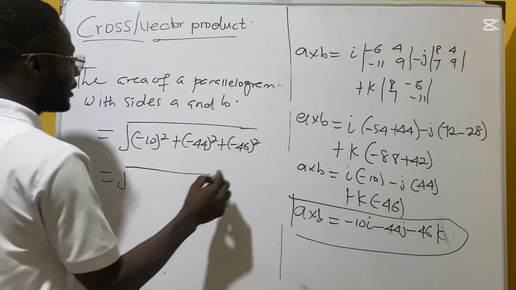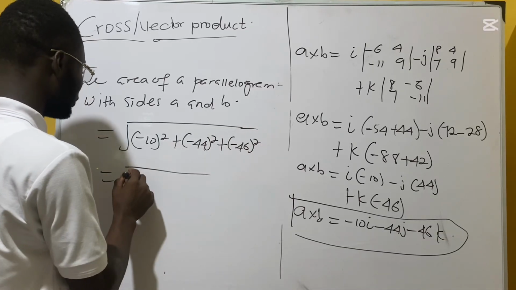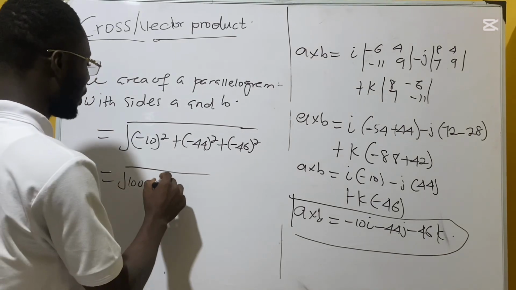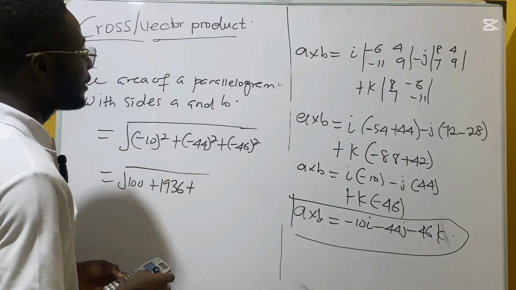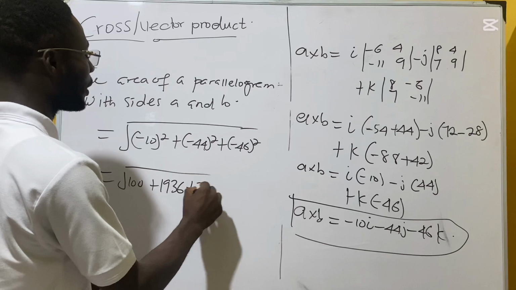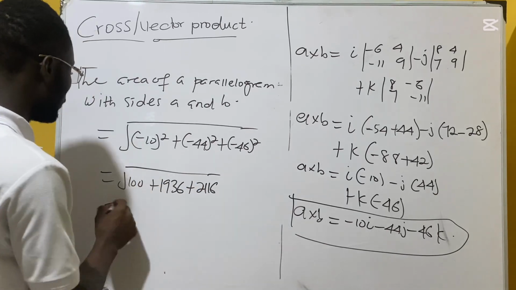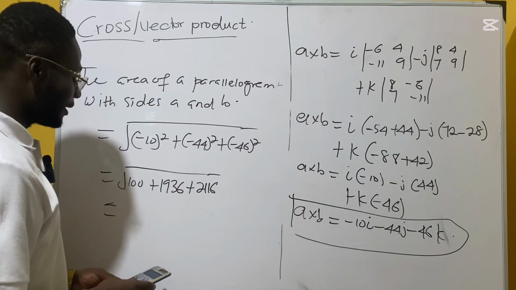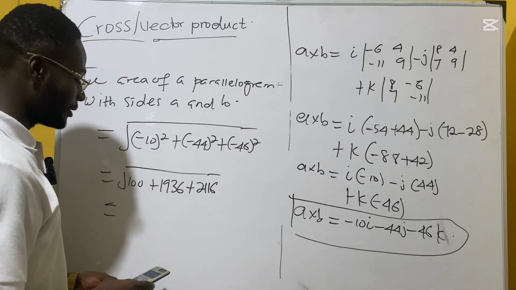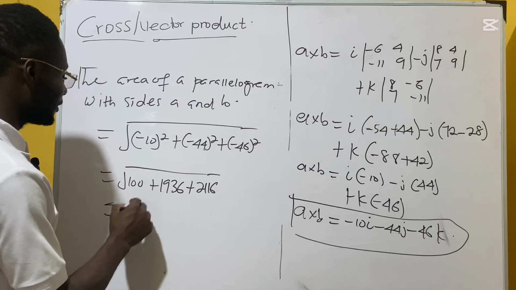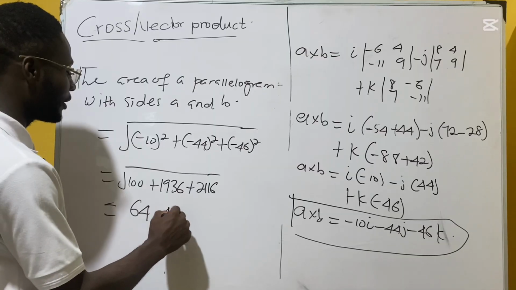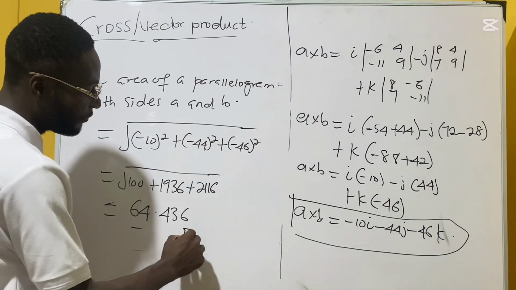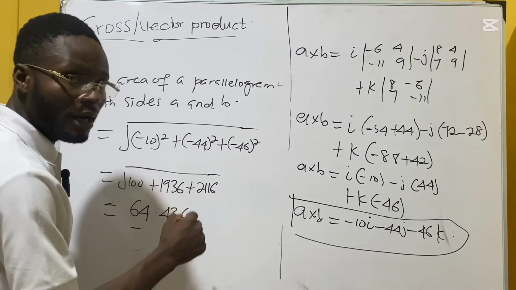So basically, that is going to be negative 10 squared is 100 plus negative 44 squared is 1936 plus negative 46 squared is 2116, right? So when you break this down, square root of 100 plus 1936 plus 2116, you're going to have 64.436. So this result we have here becomes the area of the parallelogram.